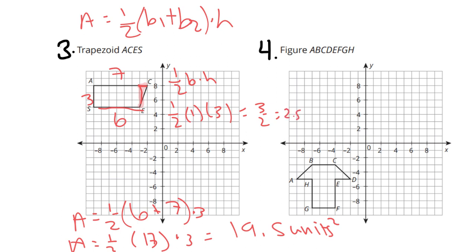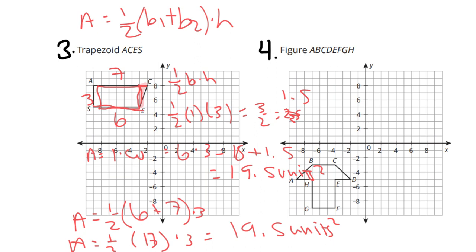Okay, and then I could have done the area of a rectangle, which is just length times width. So I would have done 6 times 3, and that's 18. Or sorry, this is not 2.5, this is 1.5. So 18 plus 1.5, which gives me 19.5 units squared. Okay, so that's what I was referring to whenever I said that you can split up the shapes.